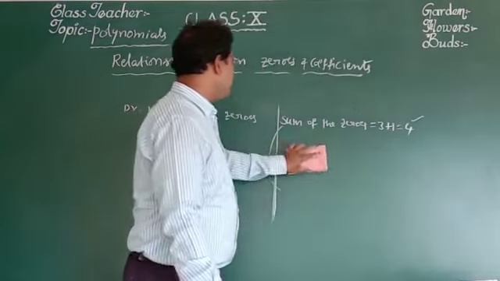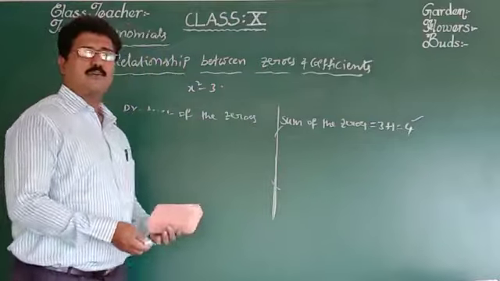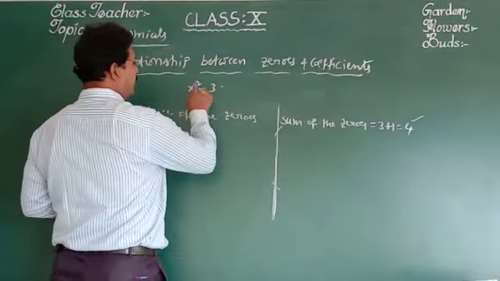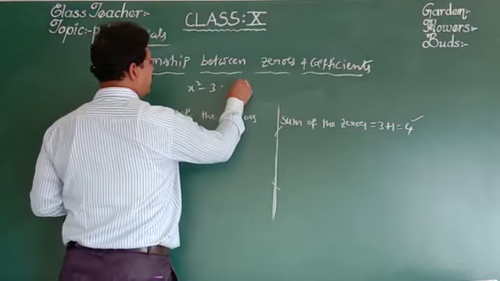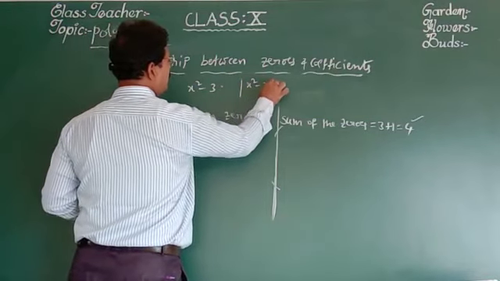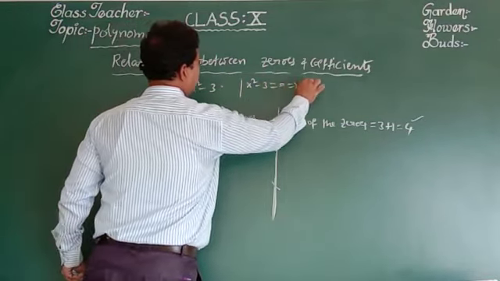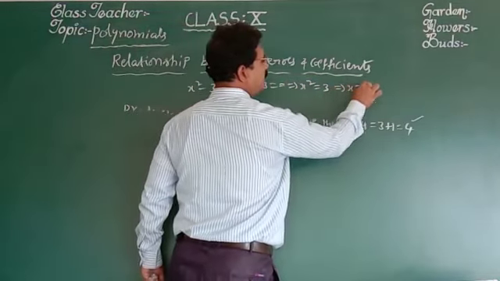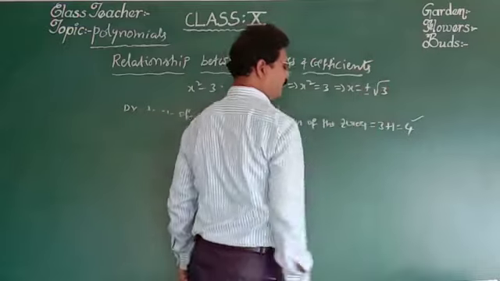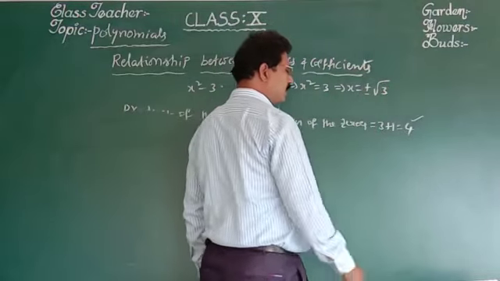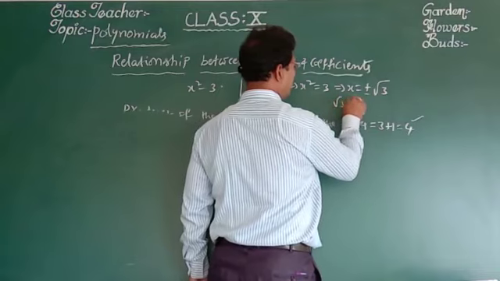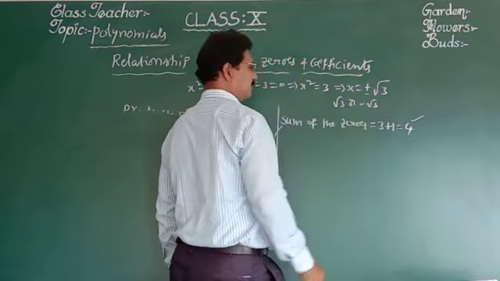Same method: put x square minus 3 equal to 0. That implies x square is equal to 3. That implies x is equal to plus or minus root 3. Plus or minus root 3 means plus root 3 and minus root 3.